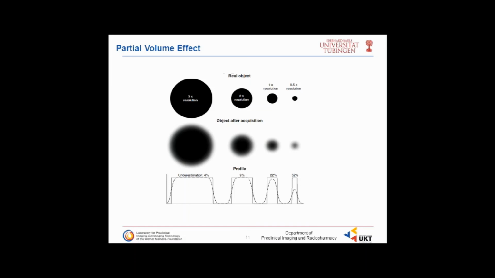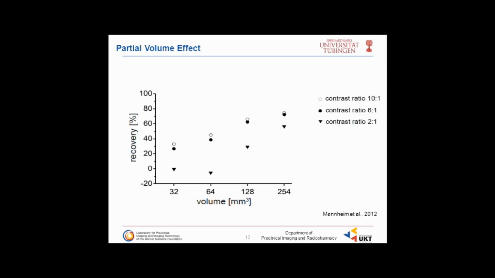Actually, these are just simulated results. If you go into reality, this gets even worse, because if you have different contrast ratios of your lesion to background, this can really go down so that you can have a recovery of nearly 0%. So just consider over here, this is a volume of 32 cubic millimeter.